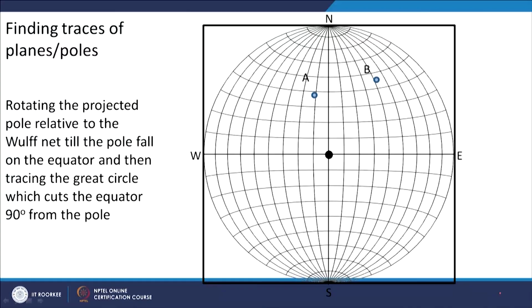Now, how to find the trace of the planes? Again, I am taking the same poles, A and B, and let us again go out of the show here.